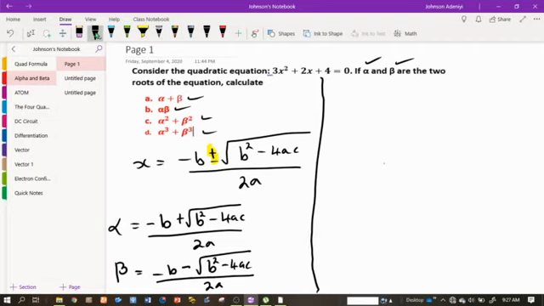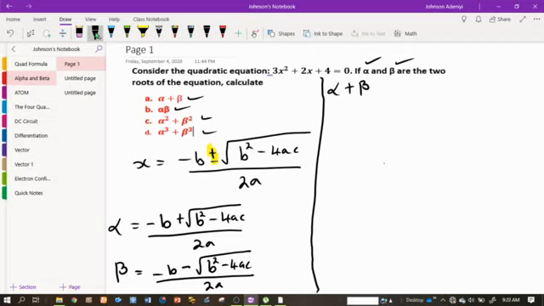The next thing we need to do at this stage is to find out what alpha plus beta will be, that is, the formula when we add up the two roots. In order to do this, we simply add them up the way they are appearing. But there's something we need to do here.